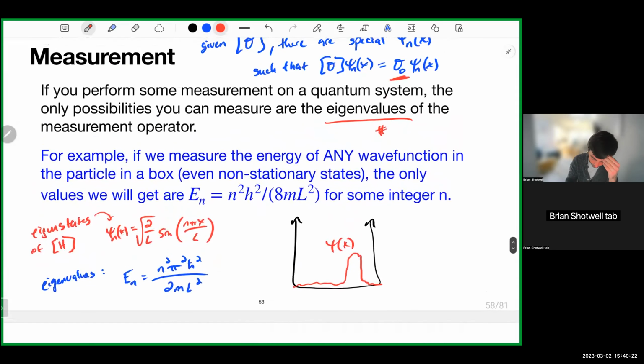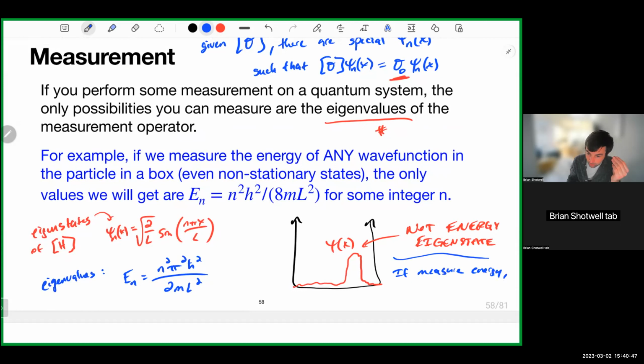Okay, so just to label the notes well, this is not an energy eigenstate. And for that reason, if we measure energy, there are several possibilities for what we would get.